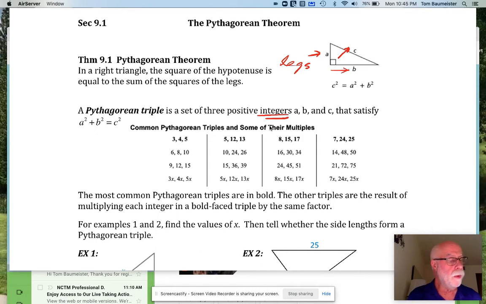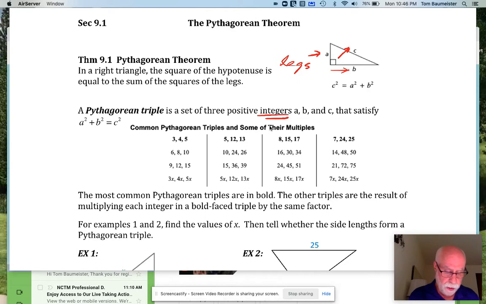Some of the common Pythagorean triples and some of their multiples are 3, 4, 5; 5, 12, 13; 8, 15, 17; and 7, 24, 25. Again, the larger of the three numbers is going to be your hypotenuse.